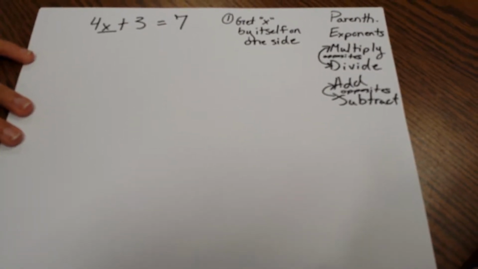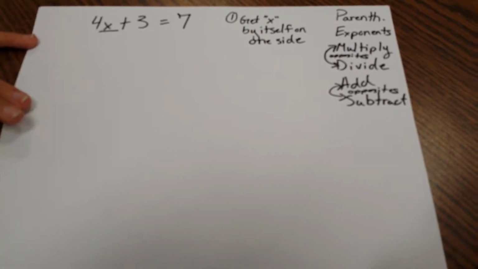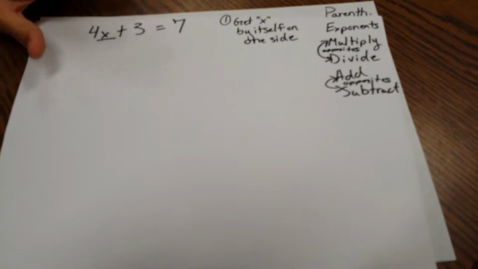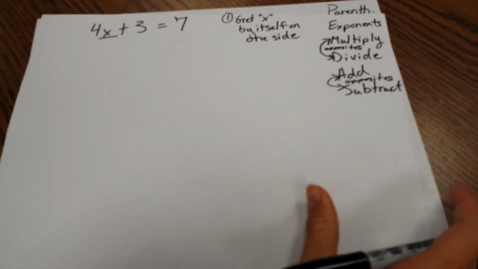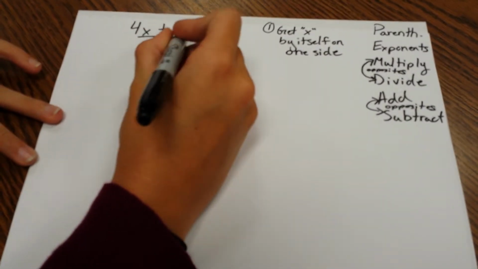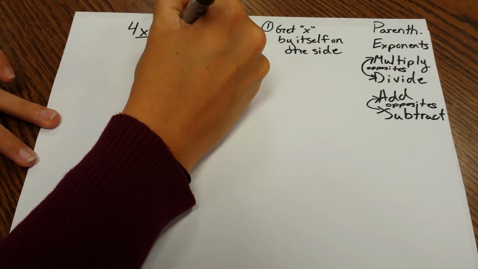So what's the first thing that we're going to do you think? Can we get rid of the 4? Or do we have to get rid of the 3? Or get rid of the 7? Get rid of the 3. So to do that, we're going to do the opposite of addition. The opposite is? Subtraction. Subtract 3.